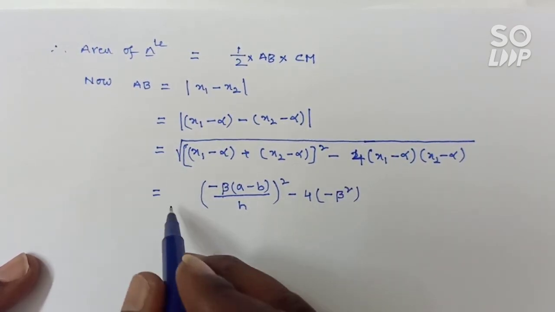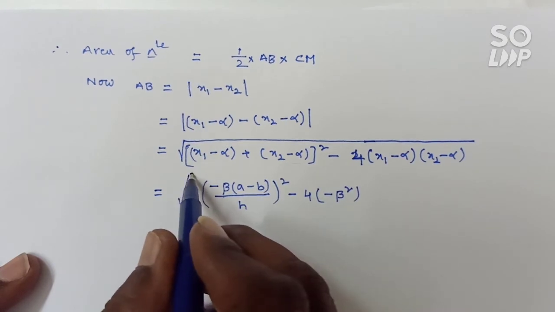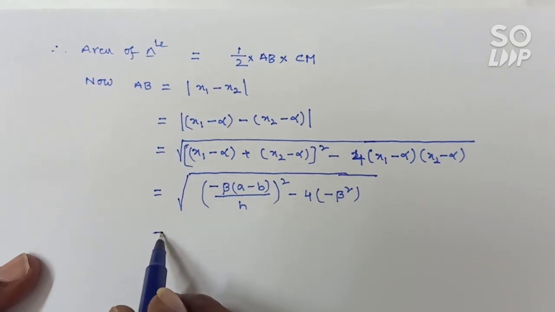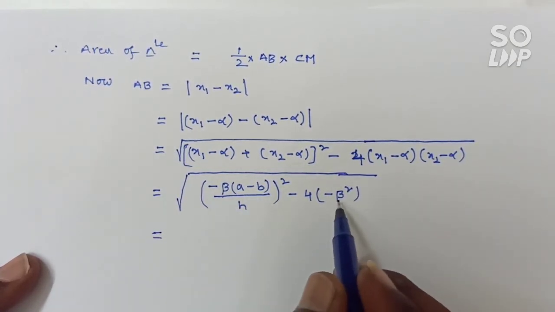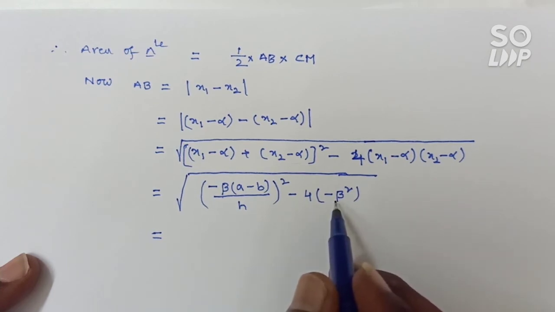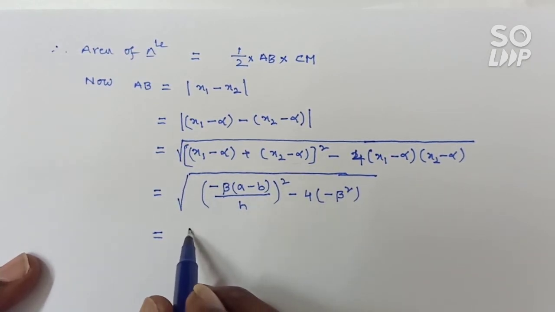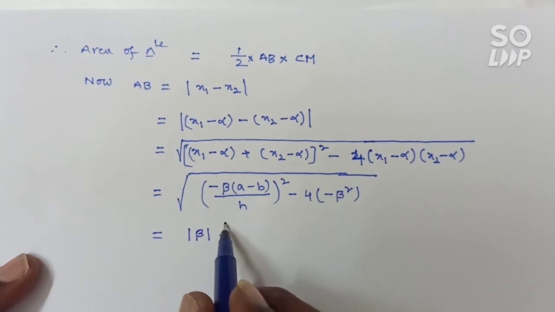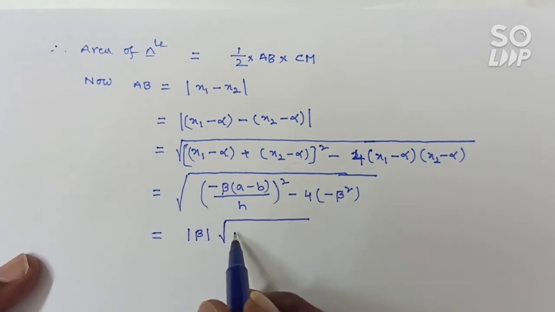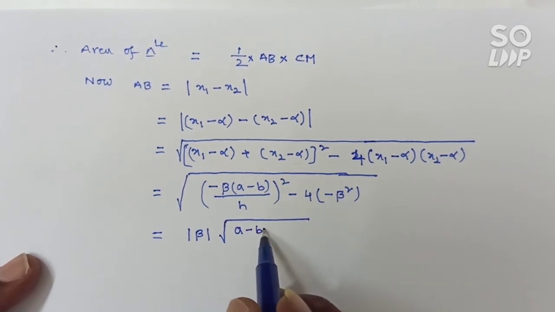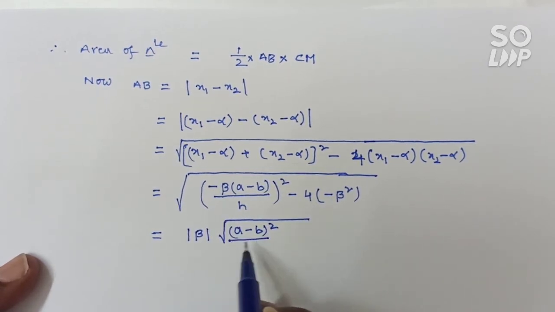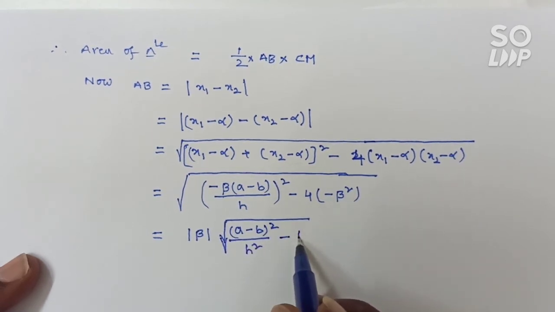Product of the roots is minus beta square. You take that whole root, that is equal to, here beta square and here beta square is there. You take that beta outside, that is modulus of beta into square root of (a minus b) whole square by h square minus 4.